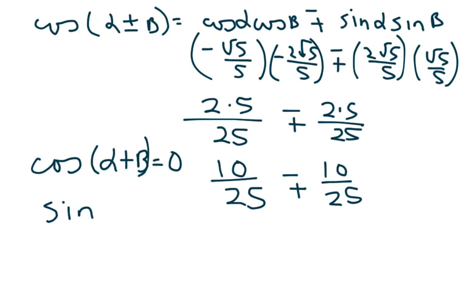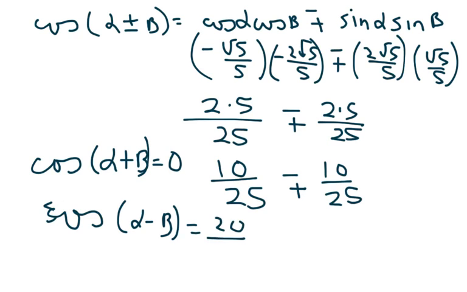Okay, so we have that cosine of alpha plus beta equals 0, and we also have cosine of alpha minus beta equals 20 over 25, which equals 4/5.